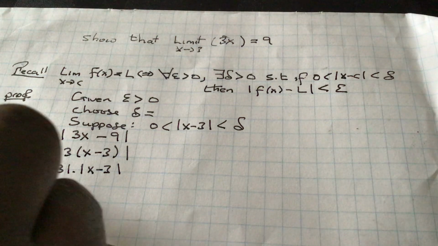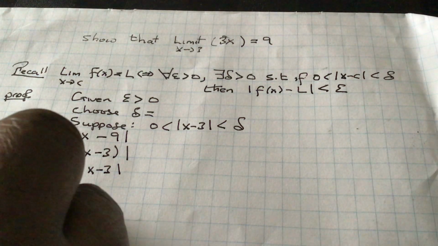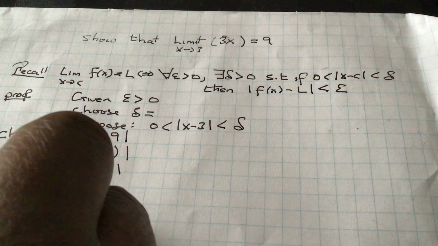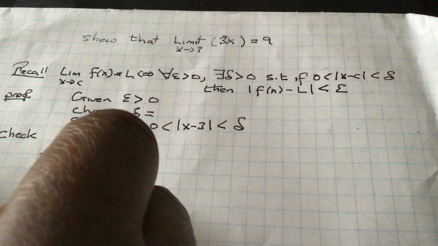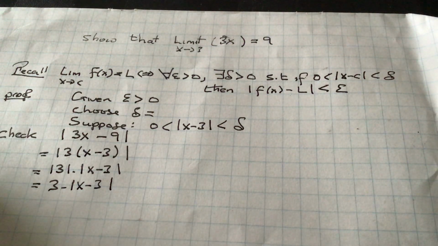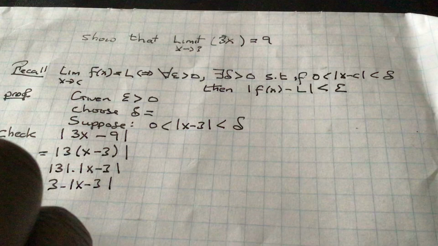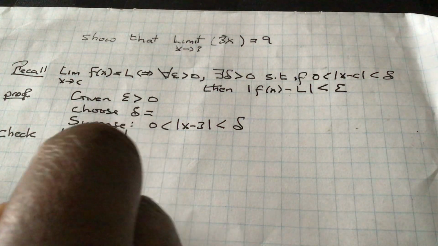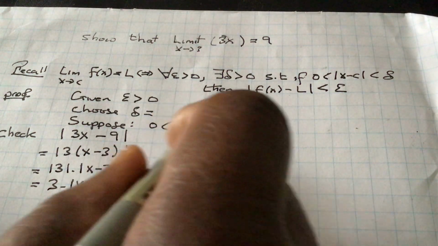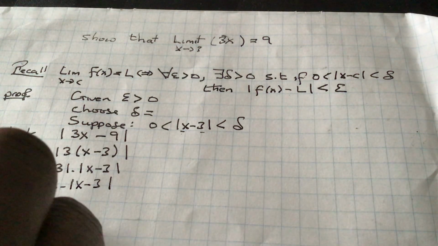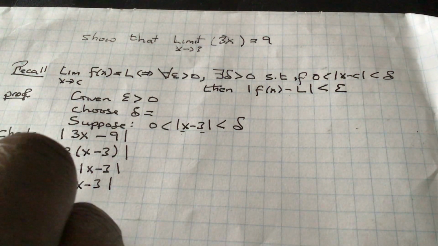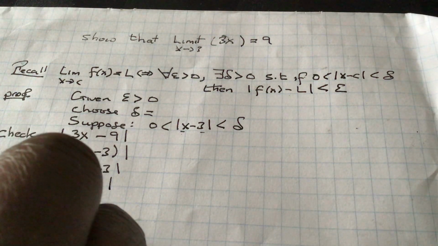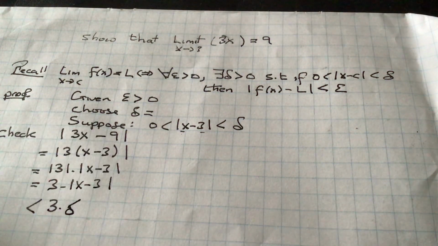The absolute value of 3 is just 3, times the absolute value of x minus 3. We know something about x minus 3. It's less than delta. So therefore, we can write that as less than 3 times delta.